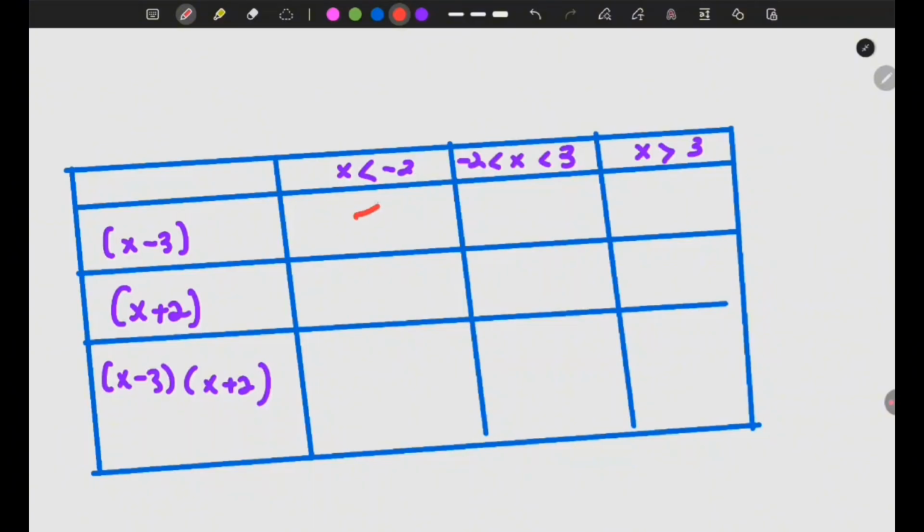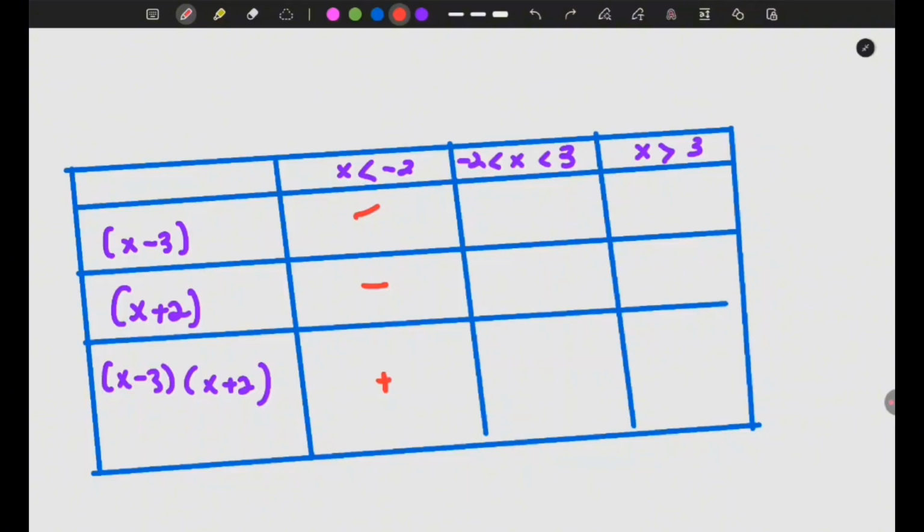Whatever is in between negative 2 and 3, negative and negative, you get positive. That's why I put positive. It may be like 1 or 0 or 2, so let's just take 0. 0 minus 3 is negative 3, so it's negative. 0 plus 2 is 2, positive.